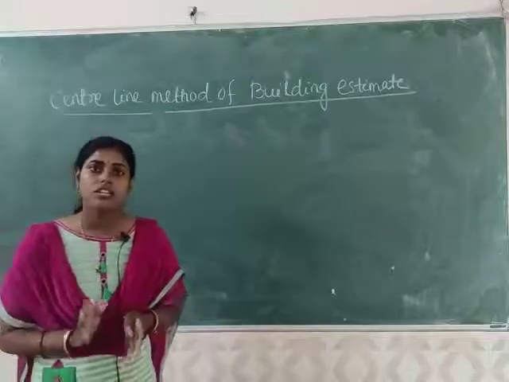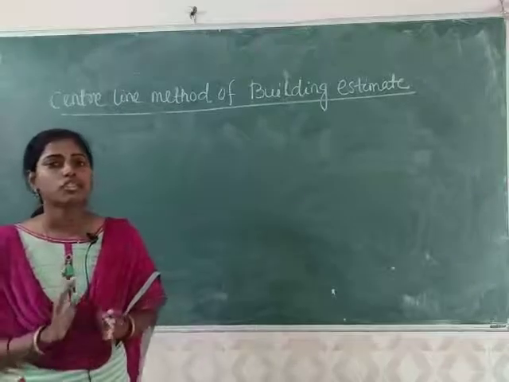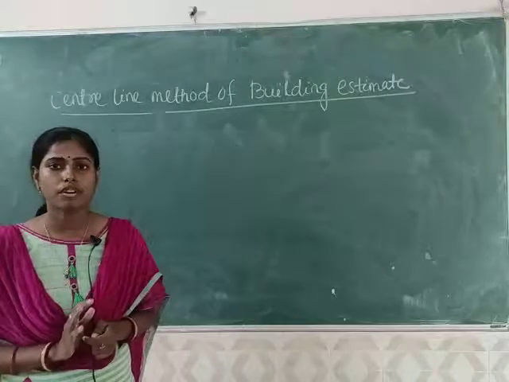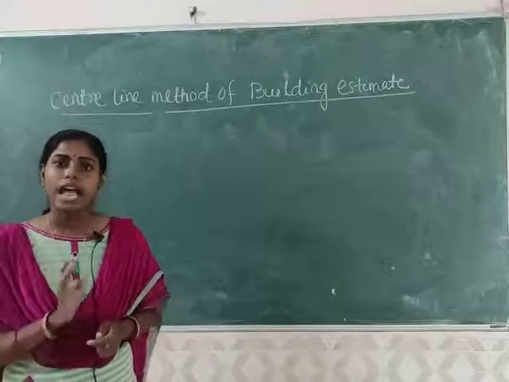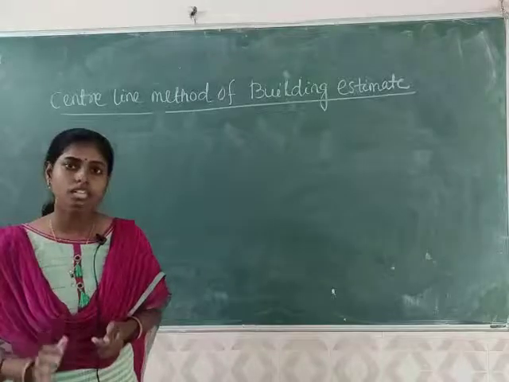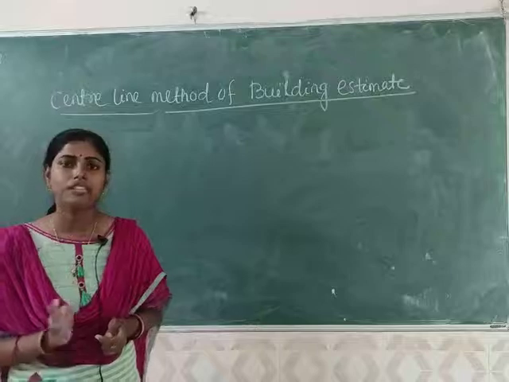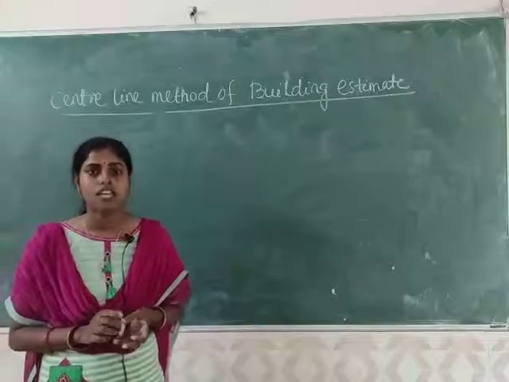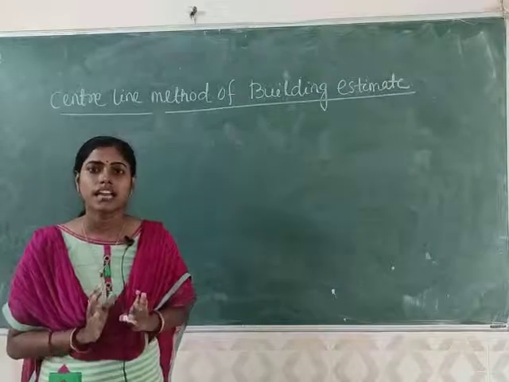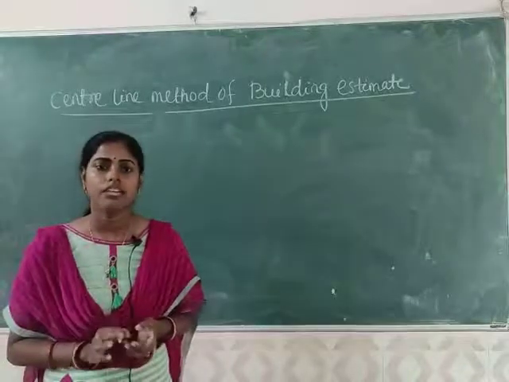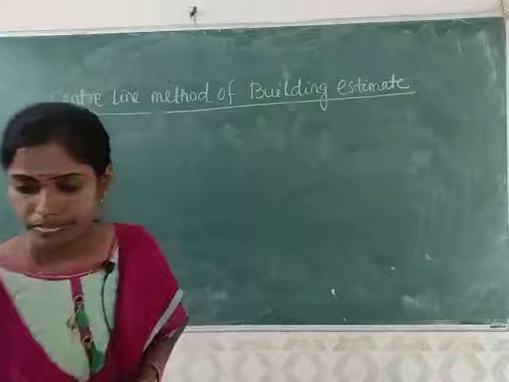In this method, we have to find out the total center line length of all walls having the same type of foundation and footing, and then in order to get the quantity, we will multiply the corresponding breadth and height with that center line length. So, let me first take an example of a single room building having no cross walls.